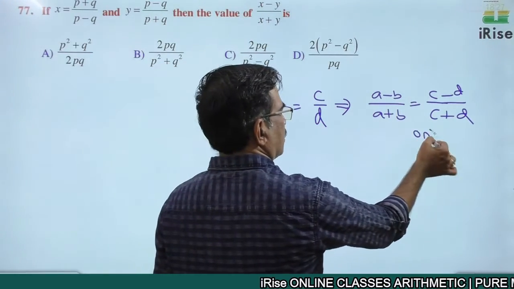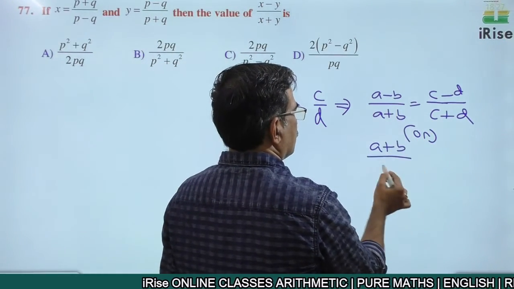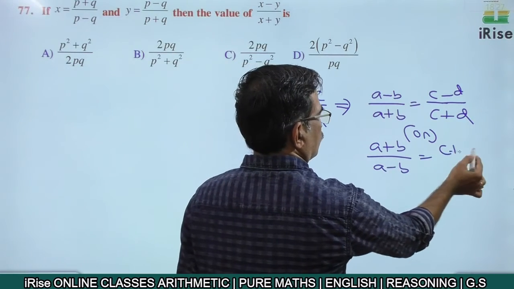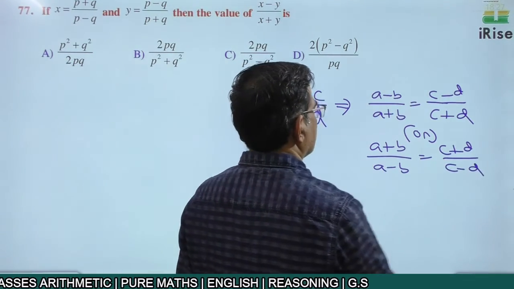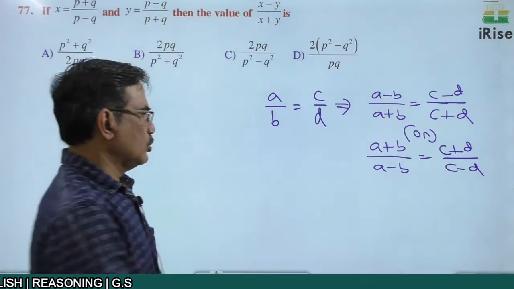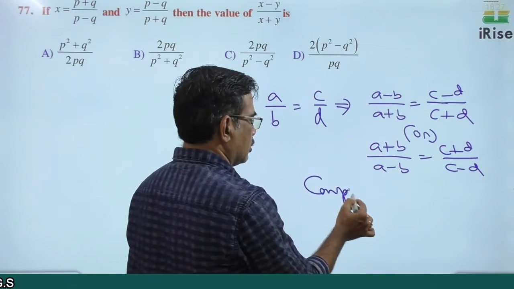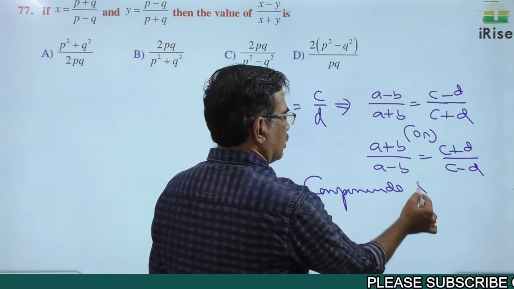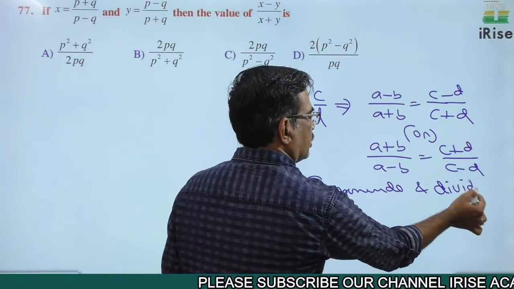Or this can also be written as (a plus b) by (a minus b) is equal to (c plus d) by (c minus d). This is called the componendo and dividendo rule.